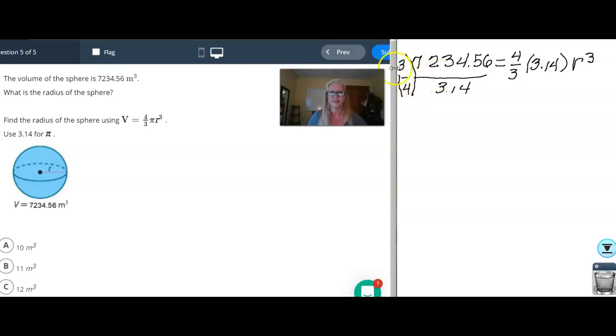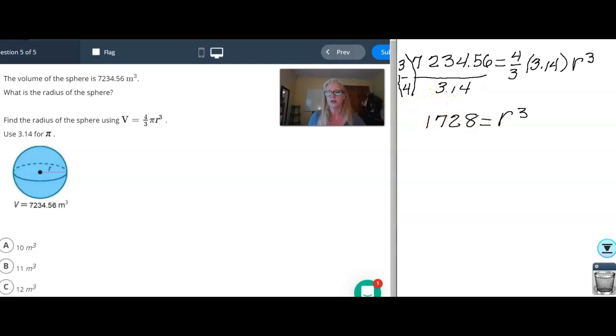If not, you could multiply 4/3 times 3.14 and get a single number, and then divide this number by that number. We end up with an answer here of 1728 is equal to the radius cubed. Once you do all that math.